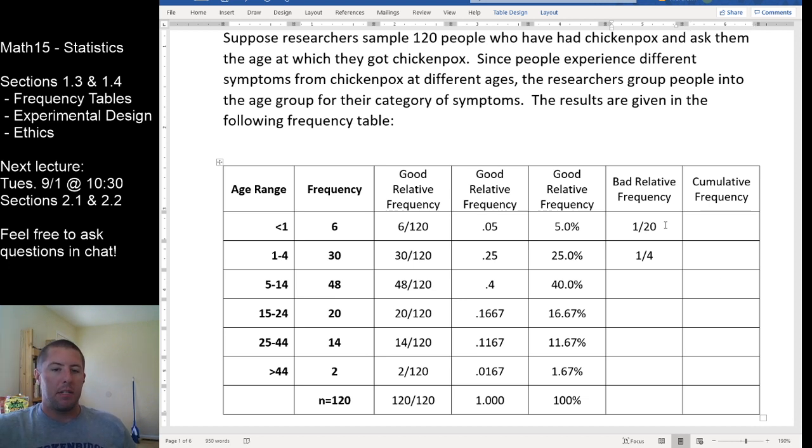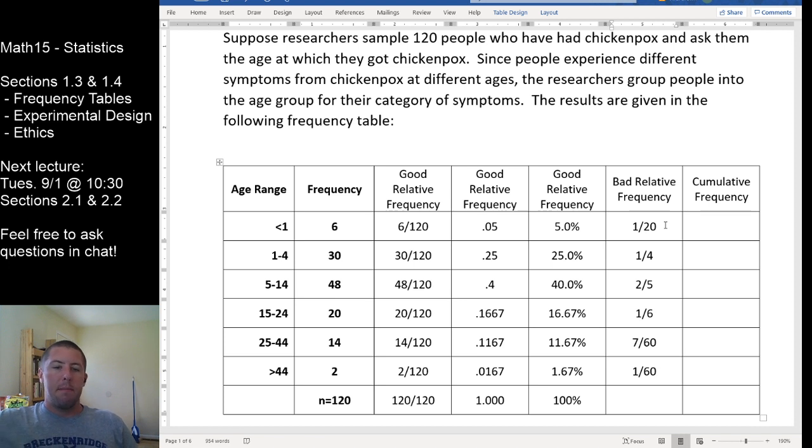Making these direct comparisons now gets quite a bit harder. 48 out of 120 gives us 2/5. 20 out of 120 is 1/6. 14 out of 120 is not going to reduce very much. That's just going to be 7 out of 60, right? And then 2 out of 120 is just going to give us 1 out of 60.